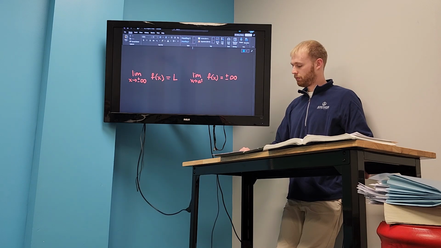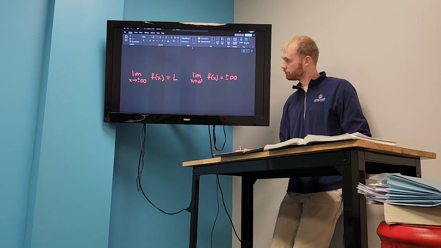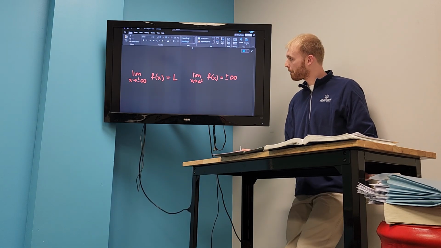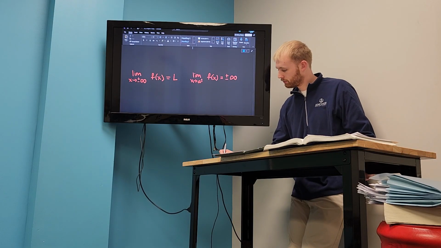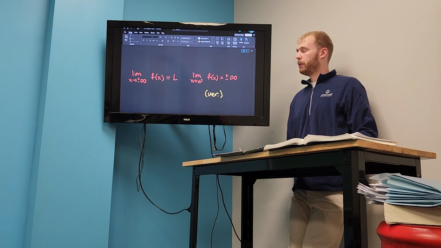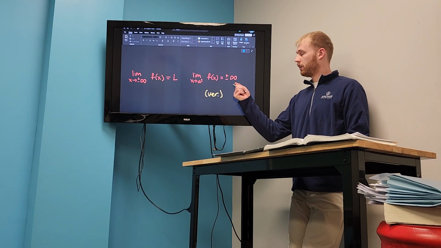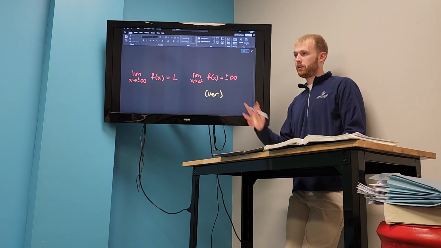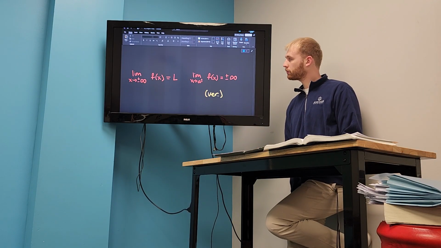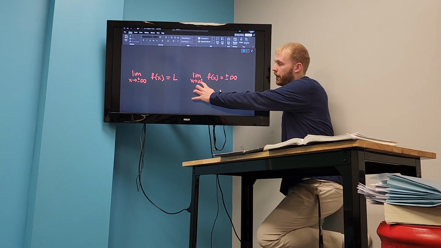Isn't the right one a vertical? Okay, how come? Because the y value is growing with that bound or decreasing with that bound. And it doesn't matter if you come at a from the right or the left.